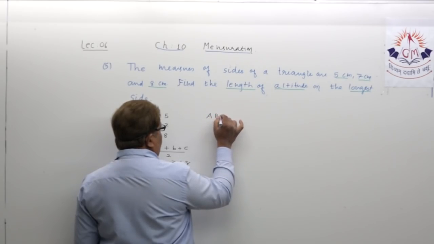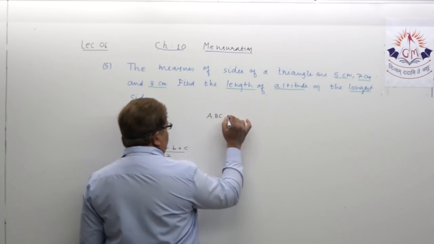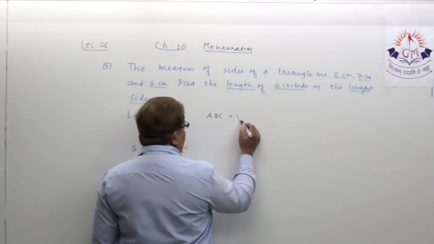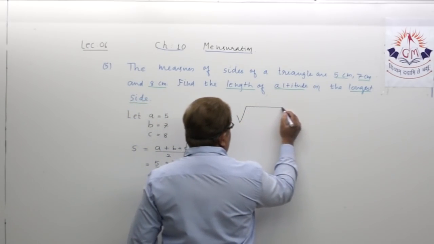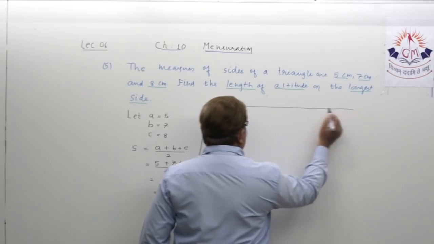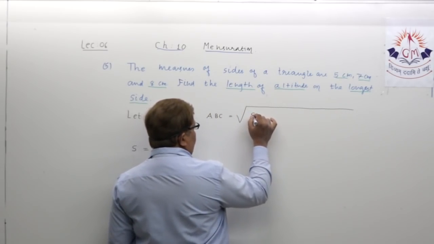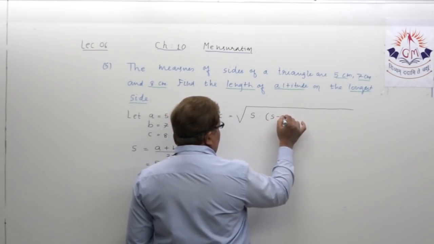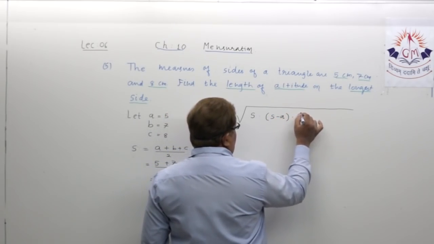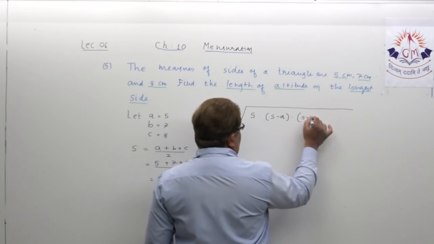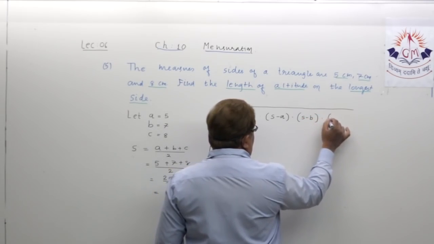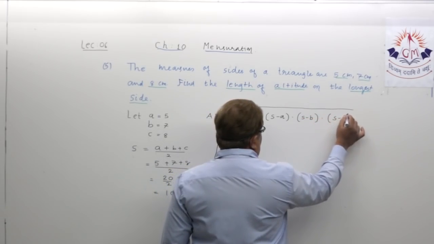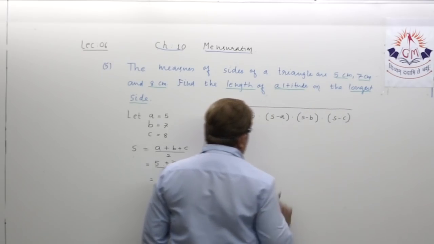Area of triangle ABC equals to, let us write this, root of s into s minus a into s minus b into s minus c. Okay.